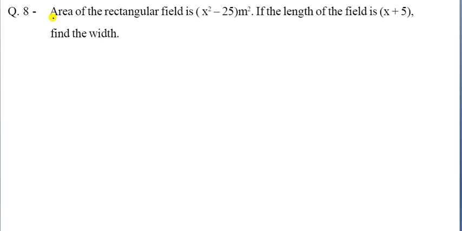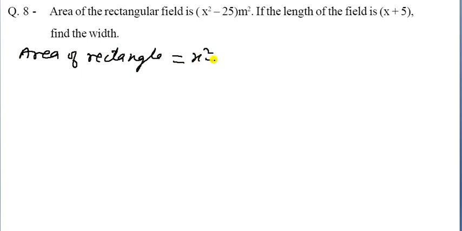Question number 8. The area of a rectangular field is x square minus 25 meter square. If the length of the field is x plus 5, then find the width. So how can we say it? First, you can write the area of the rectangle.